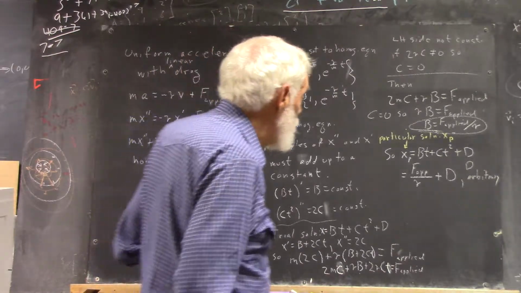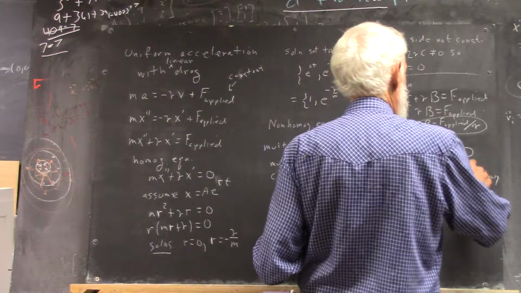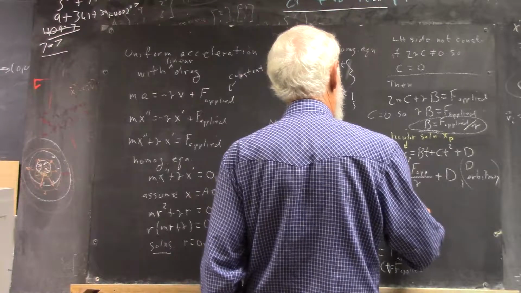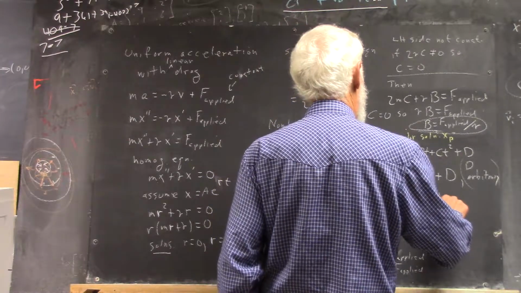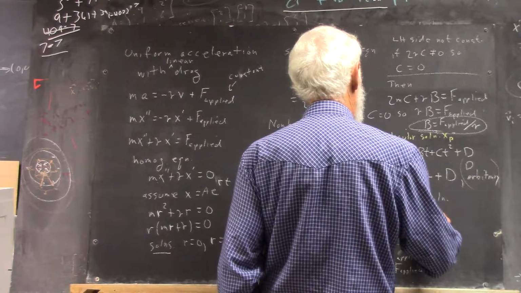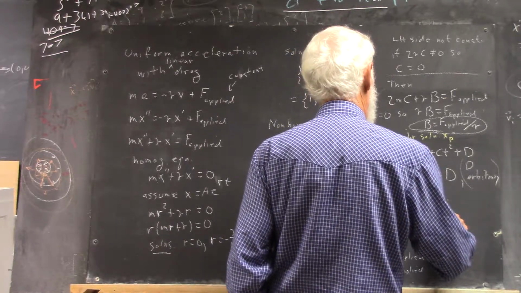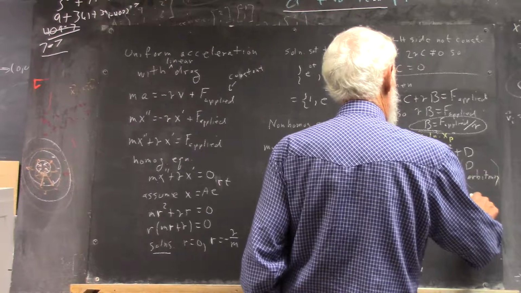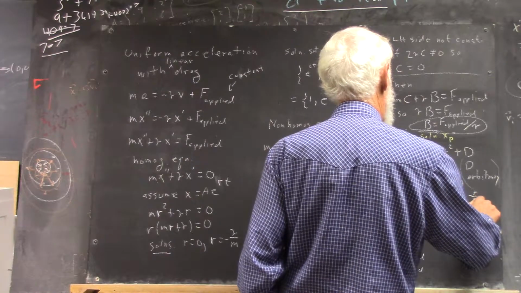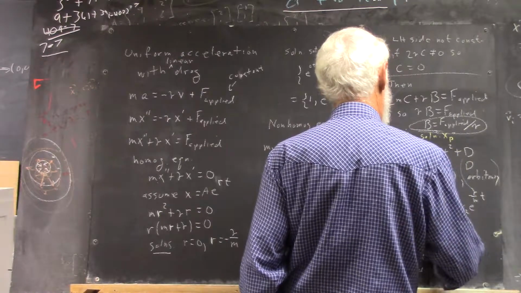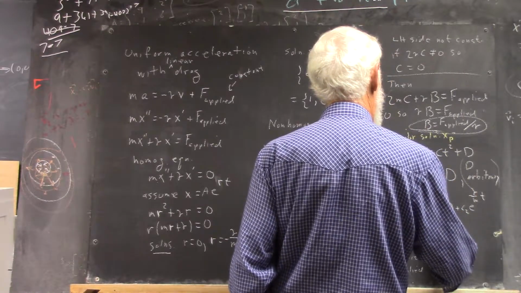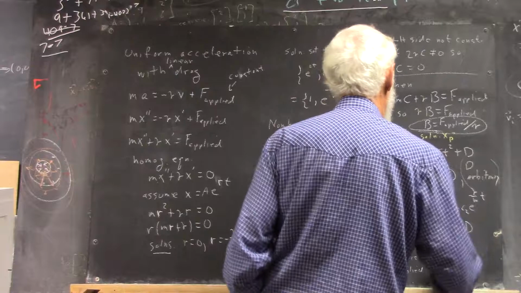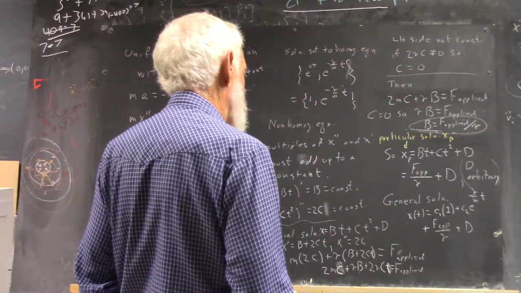Okay, so our general solution then is x of t equals C1 times 1 plus C2 e to the negative gamma over m t plus f applied over gamma plus d.